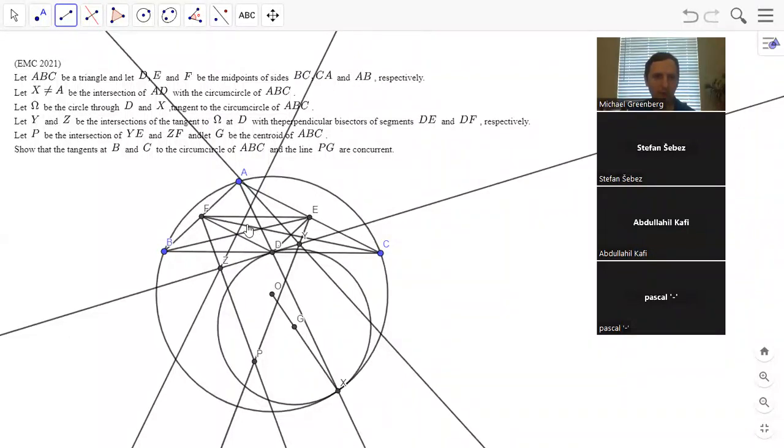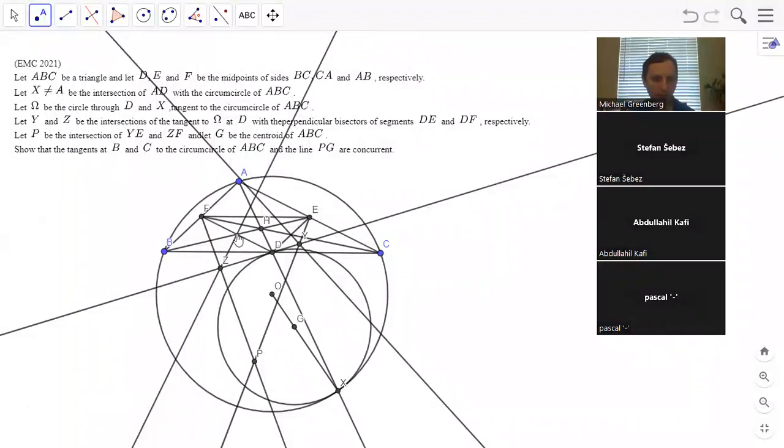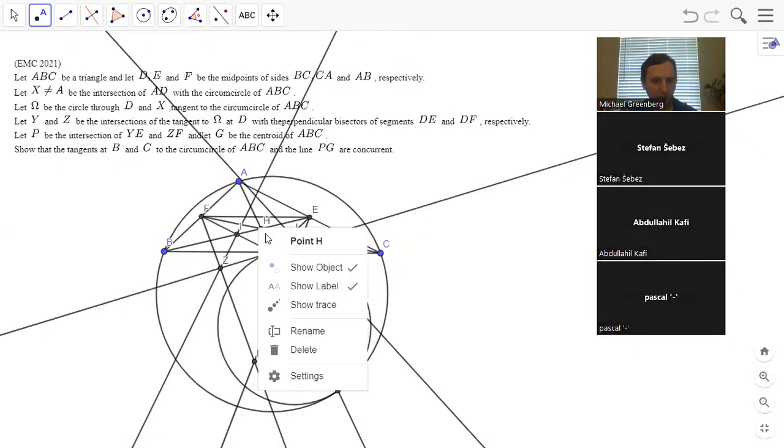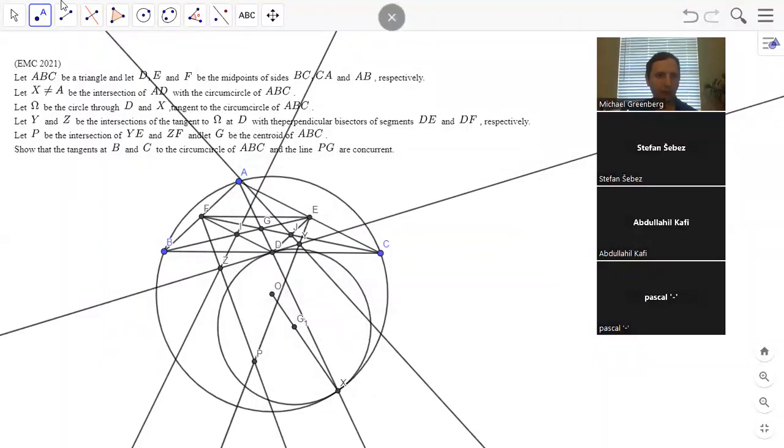Okay, so it looks like we have a few other things to prove here. It looks like this is concurrent and this is concurrent. It's probably not that hard to show, I'm guessing. But we want to show that PG passes through the tangents at B and C.